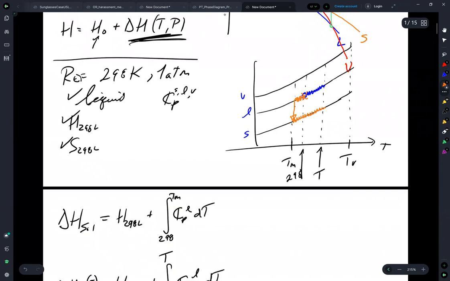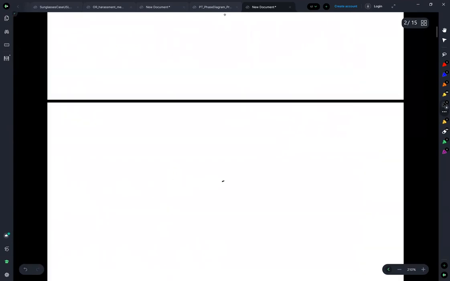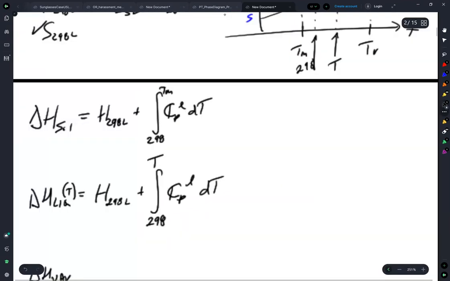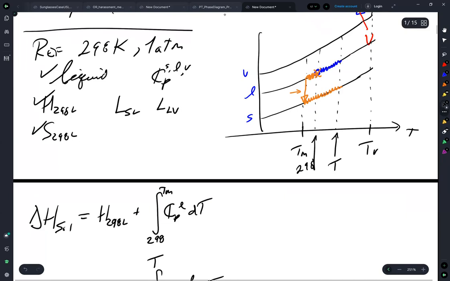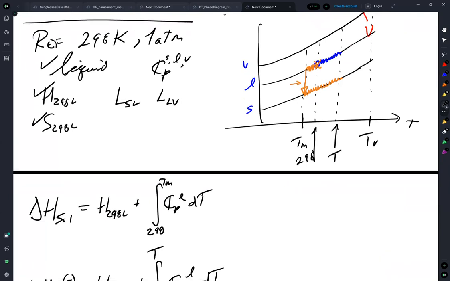So that means I need the latent heat, and I'm taking the latent heat of solid to liquid and the latent heat of liquid to vapor. So here, because, man, I'm having a hard time with this, because I'm not going solid to liquid, but I'm doing liquid to vapor.